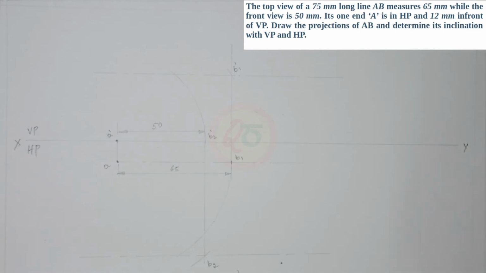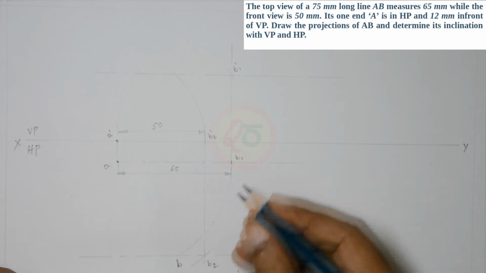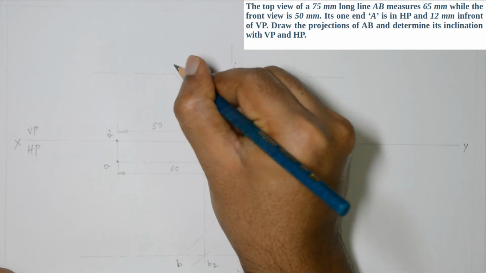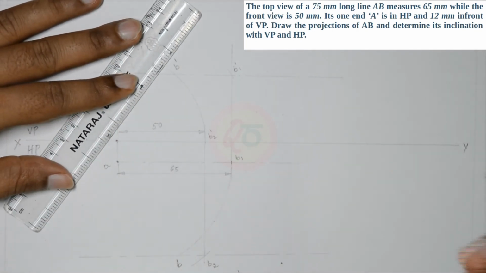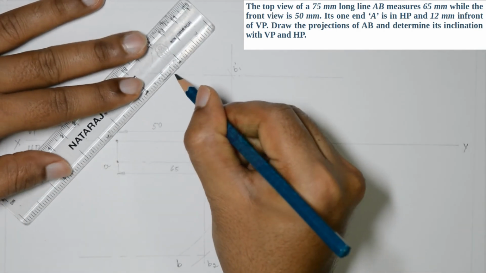Now the intersection in the top view is B and the intersection in the front view is B dash. Join them with a 2B pencil since it is the projected lines.